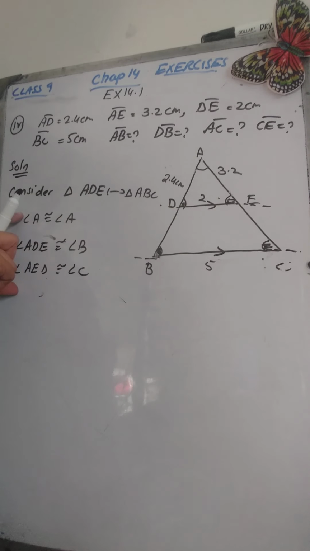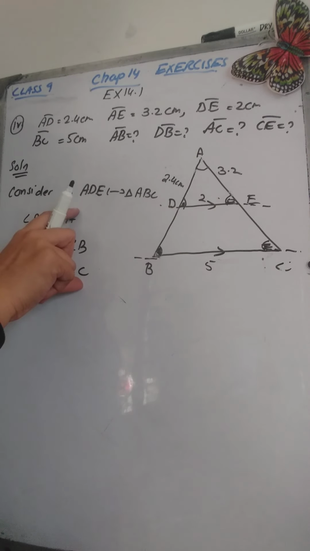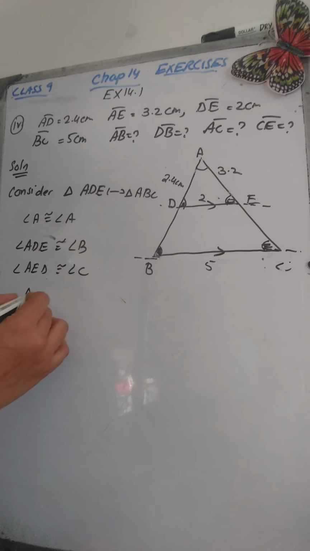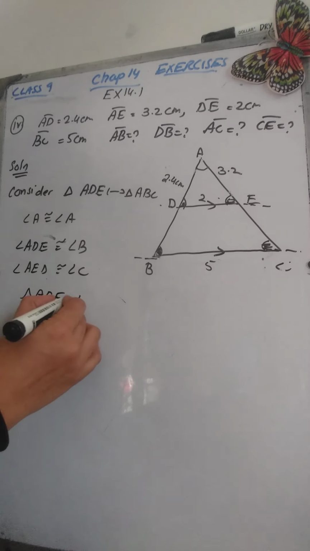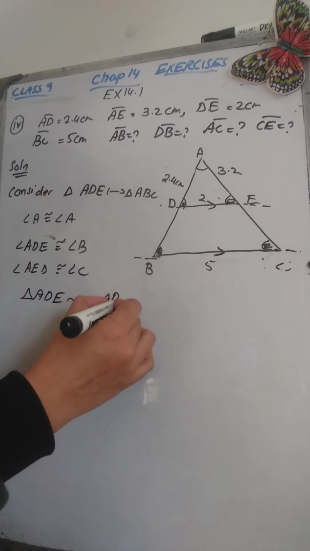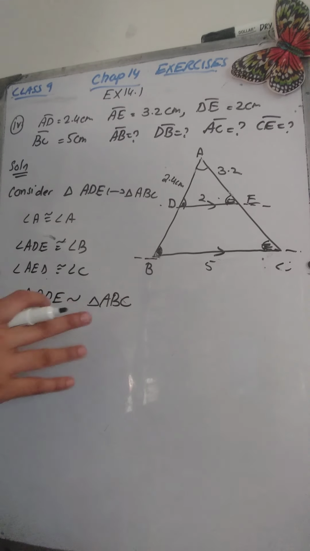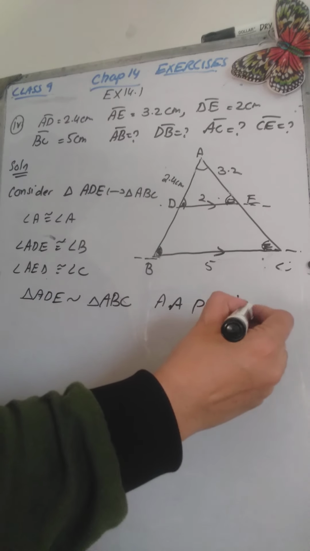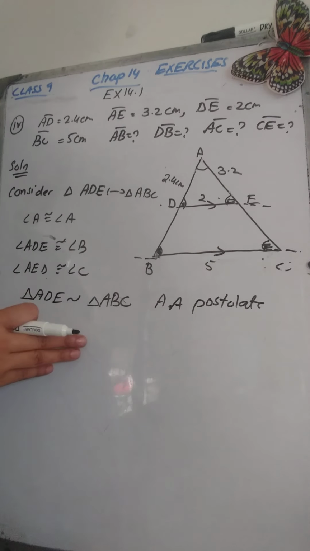As these three angles are congruent to the corresponding three angles, we can say that triangle ADE is similar to triangle ABC. This is because of the AAA postulate, because all the angles of both triangles are congruent.